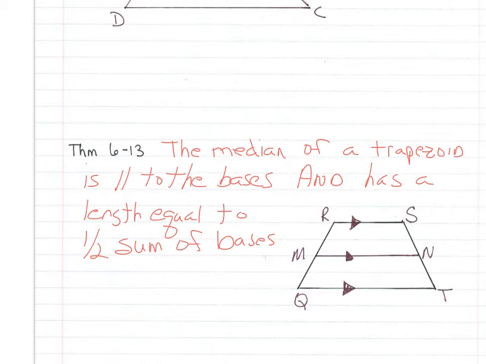So in other words, in this diagram, MN is parallel to both RS and QT, and the length of MN is equal to RS plus QT over 2, half the sum of the bases. All three of those segments, the bases and the median, are all parallel.